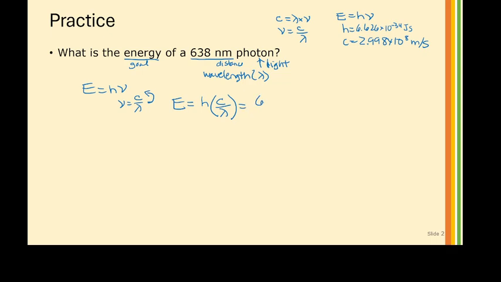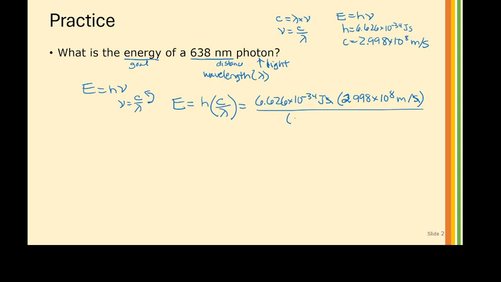Okay, so h is 6.626 times 10 to the negative 34 joule seconds. C, we said we're going to use the 2.998 times 10 to the 8th meters per second. Note that my seconds will cancel out. And then I'm going to divide by, once again, I need the meters to cancel. So I'm going to need this in meters.